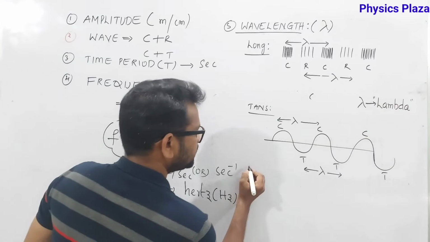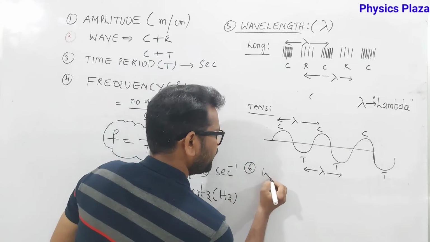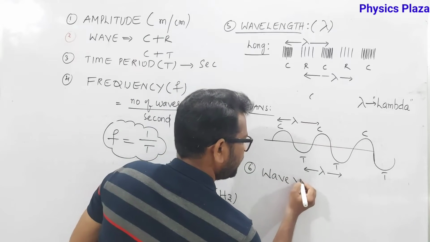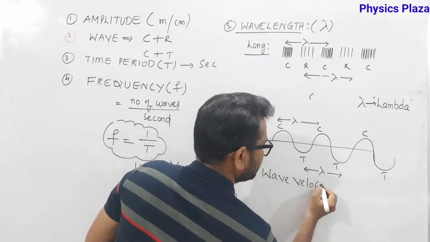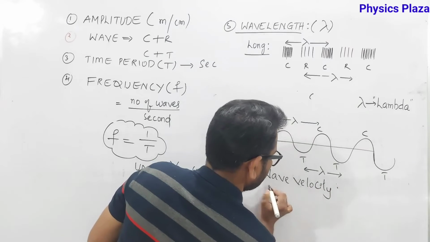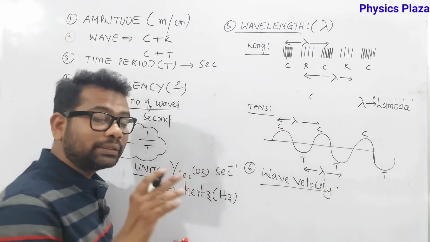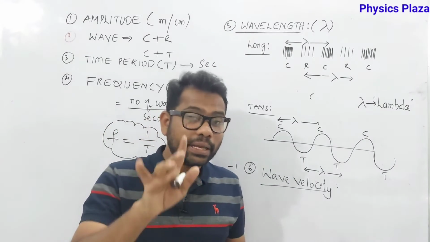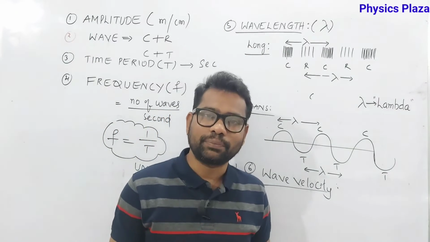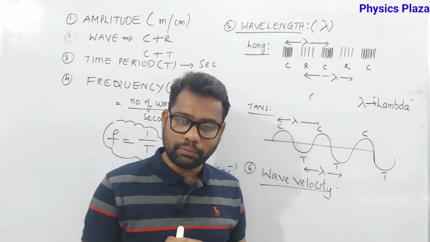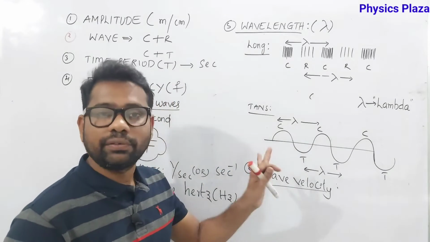Fine. And the next term, children, very important, is wave velocity. What is wave velocity, children? The distance covered by the wave in a given time, in 1 second, is called wave velocity.